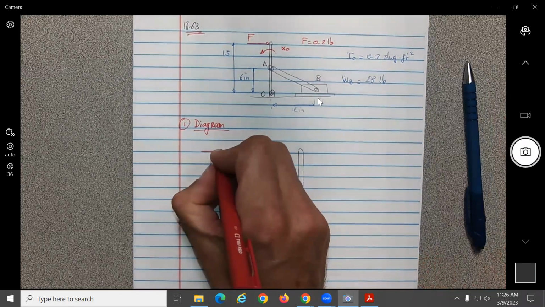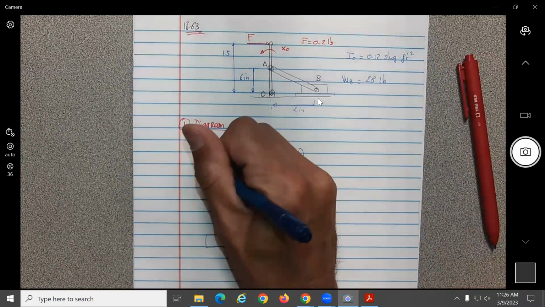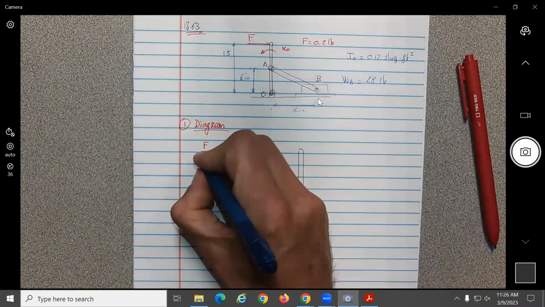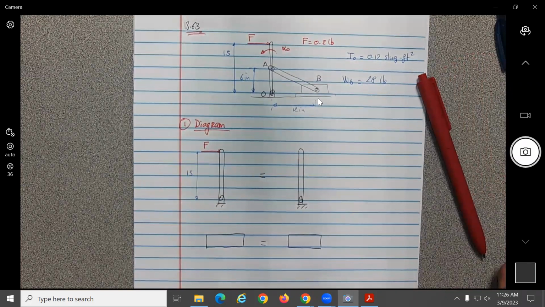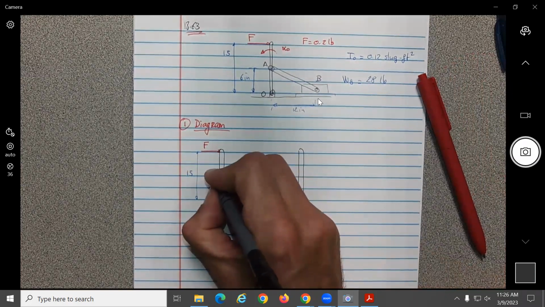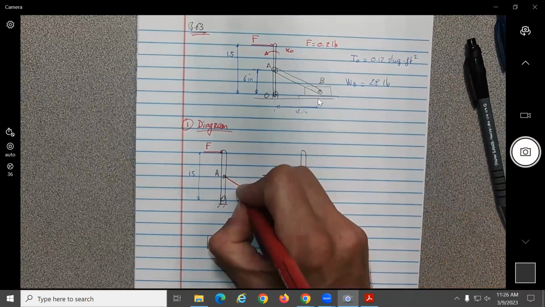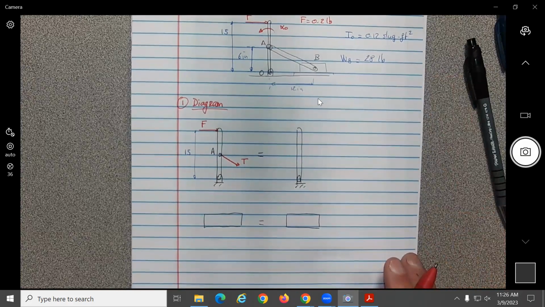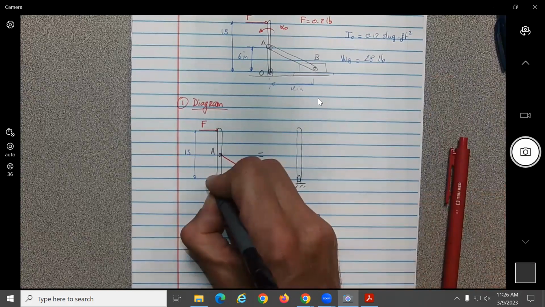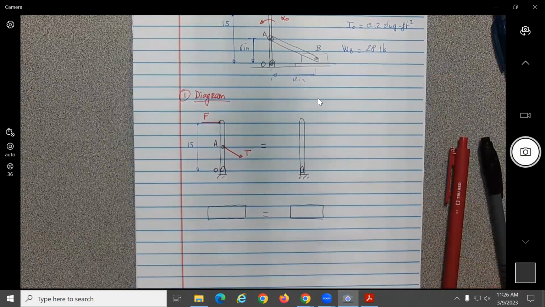What are the forces being applied to it? The force F, let's start with the easy one, at 15. Then what else? Correct, since they say it's massless, we're going to say this is our point A, and we're going to put this one going in that direction here. Let's call it T, tension. Good question, but let me answer after we do this one.